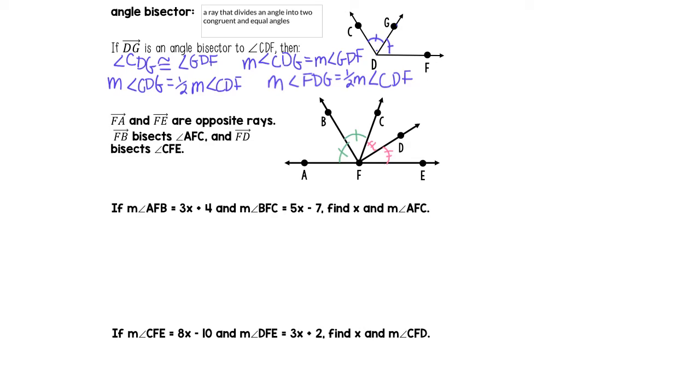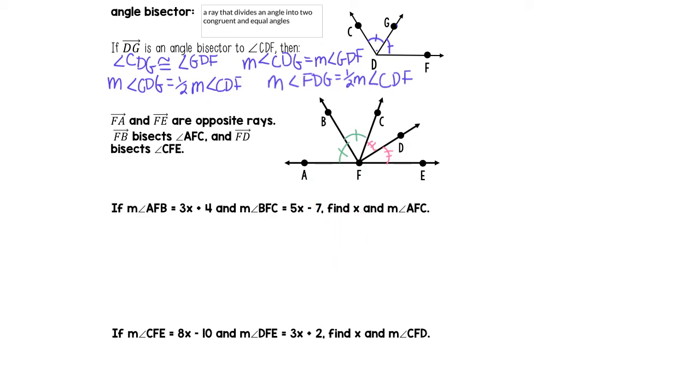We've got the measure of angle AFB equals 3x plus 4, and the measure of angle BFC is 5x minus 7. Find x.